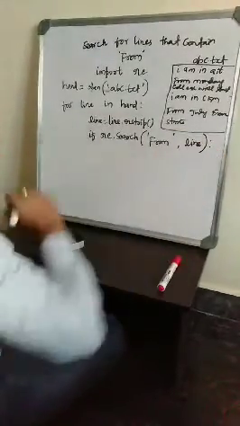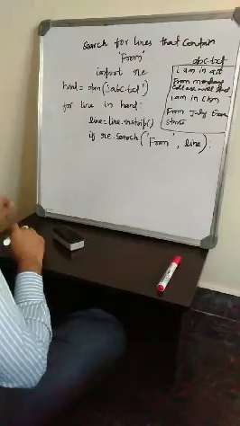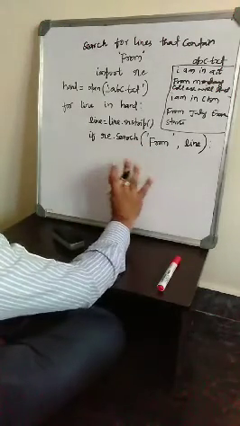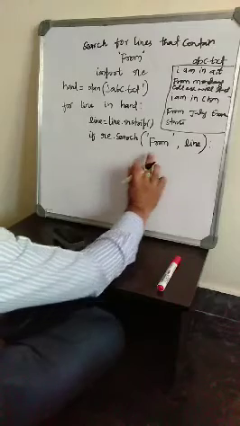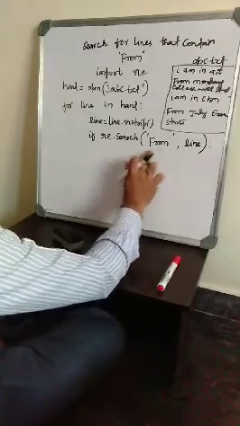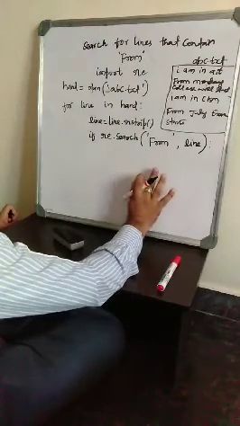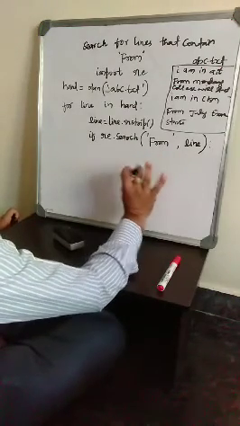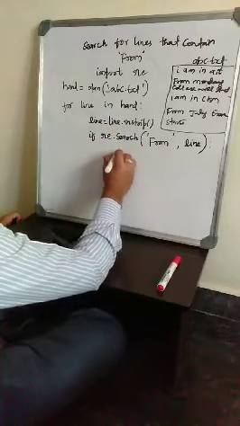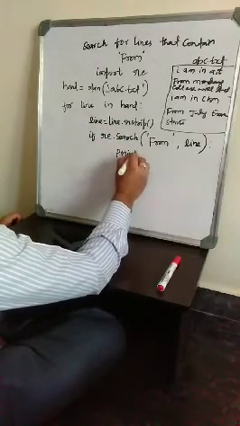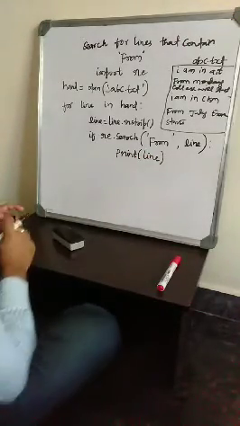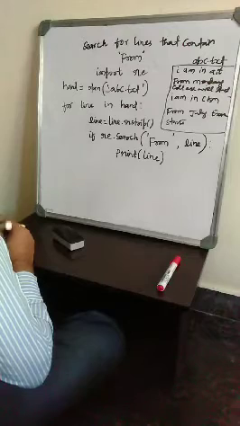And then I have to give colon. If any particular line contains one particular word, that is called from, then that needs to be printed. So what I will do here, I will give print, and then I will give line.